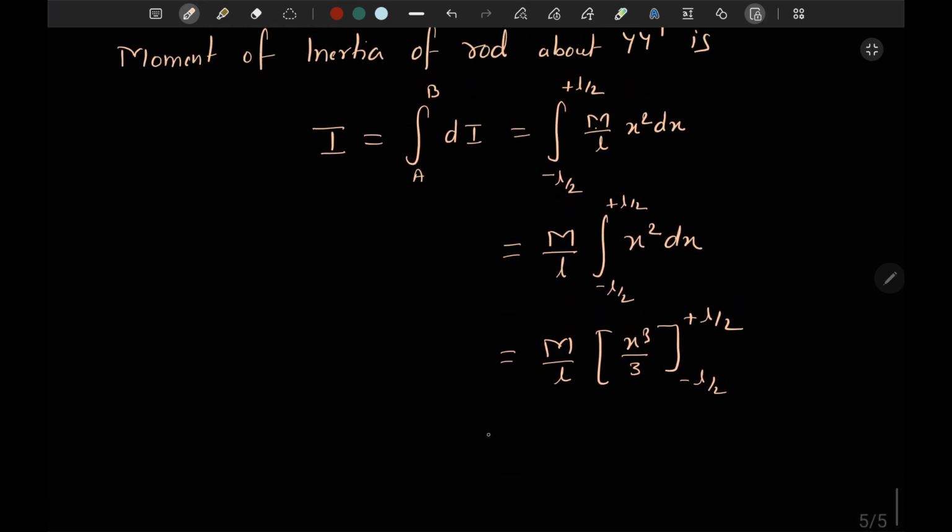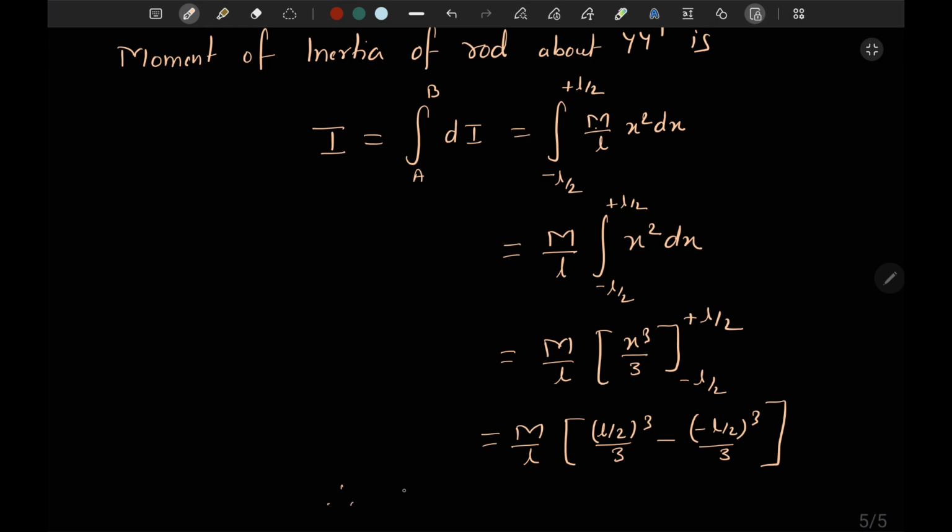Putting these values, L by 2 whole cube by 3 minus minus L by 2 whole cube by 3.